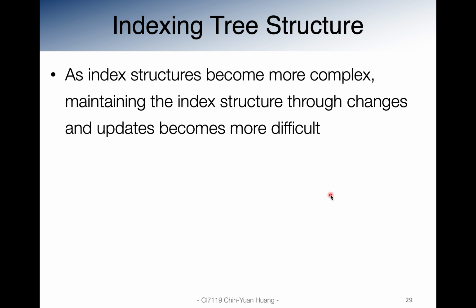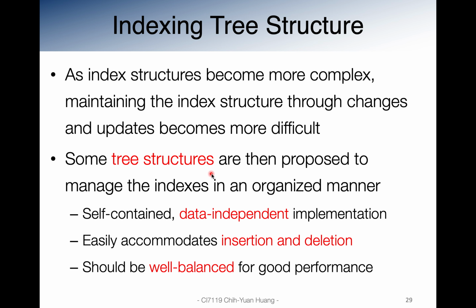So these indexing tree structures become more and more complex, and maintaining the index structure will be time consuming and will require some complicated management. So in this case, some tree structures are directly implemented or supported by the DBMS systems as one specific atomic structure.